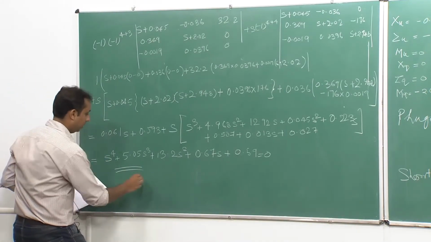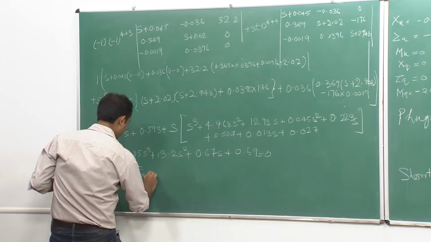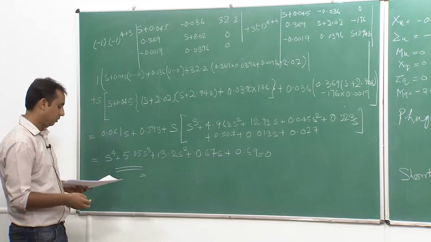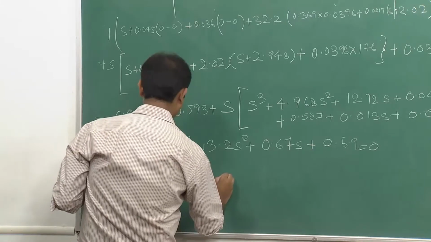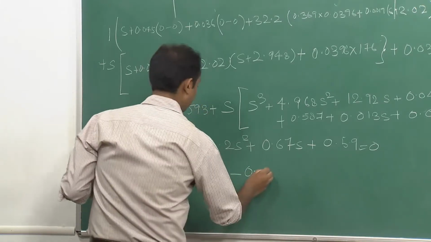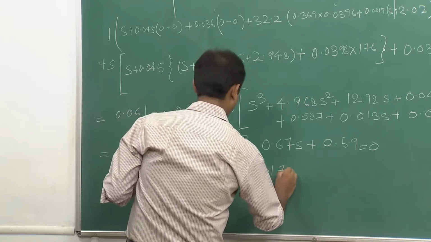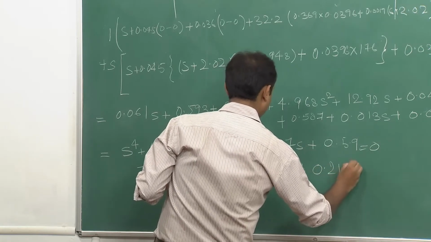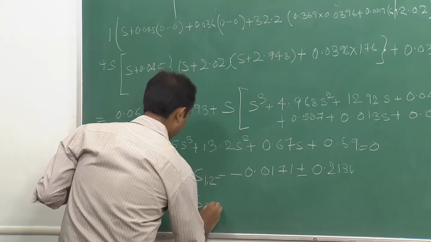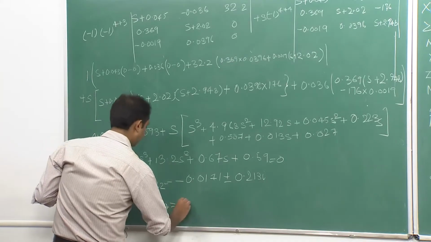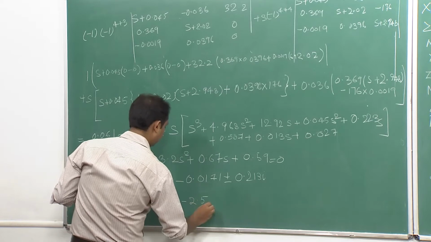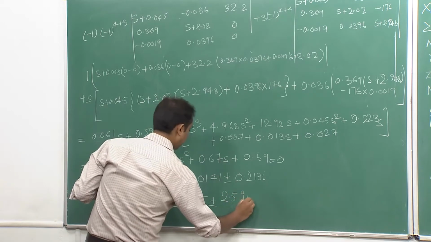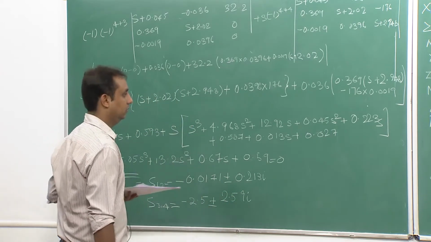The characteristic root will be equals to, since this is a fourth order equation, so we will get 4 roots, that too complex conjugate poles. S12 equals to minus 0.0171 plus minus 0.213 i, and S34 will be minus 2.5 plus minus 2.59 i. Okay.